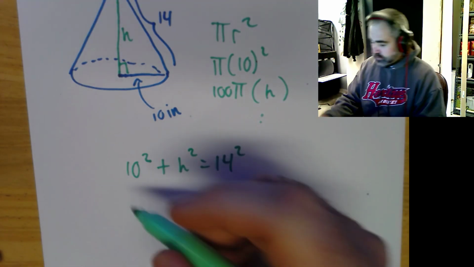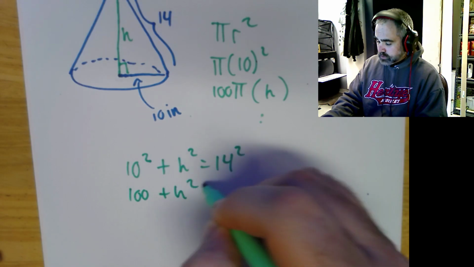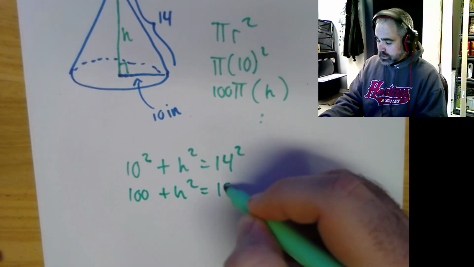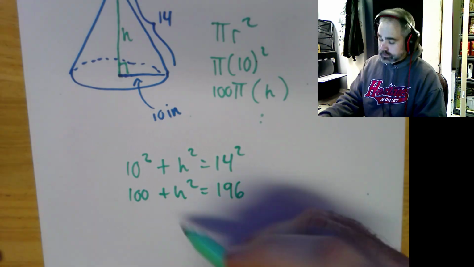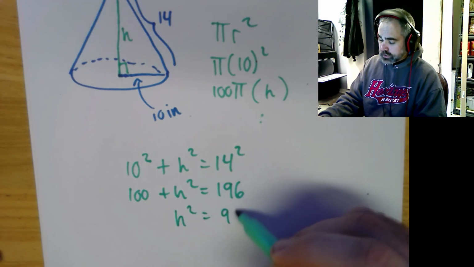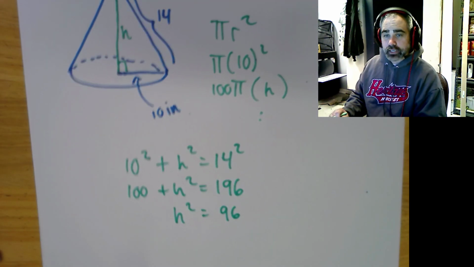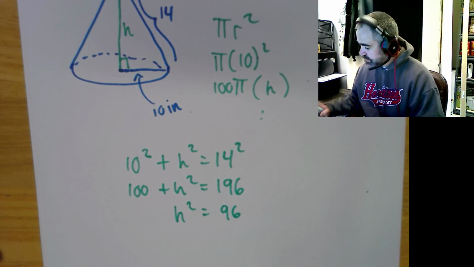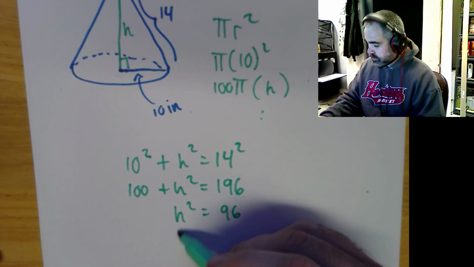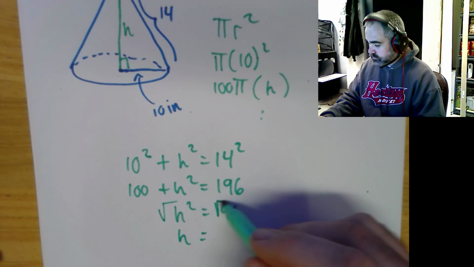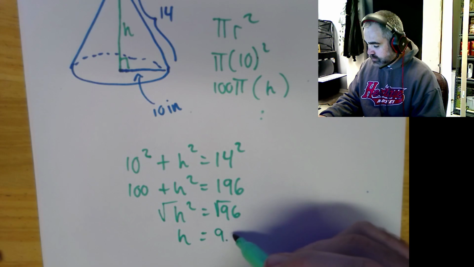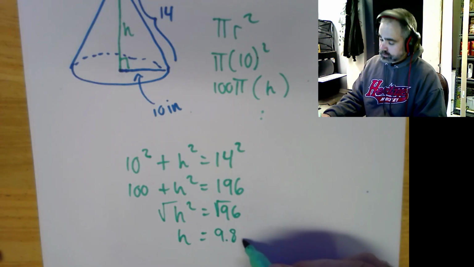And so you have 100 plus h squared equals 196. Subtract, you get h squared equals 96. And if you take the square root of 96, it's going to be a little bit less than 10. So h is going to be equal to, call it 9.8 inches.